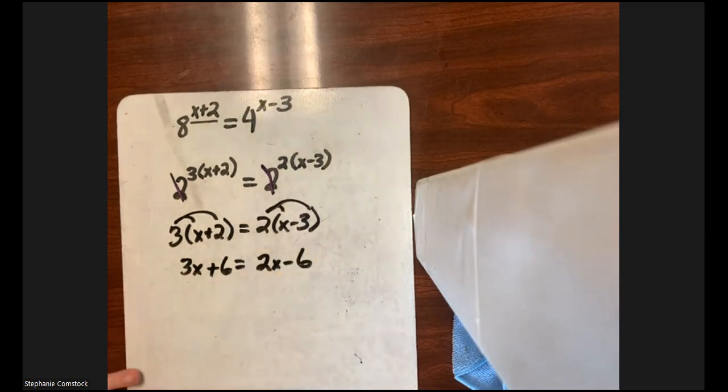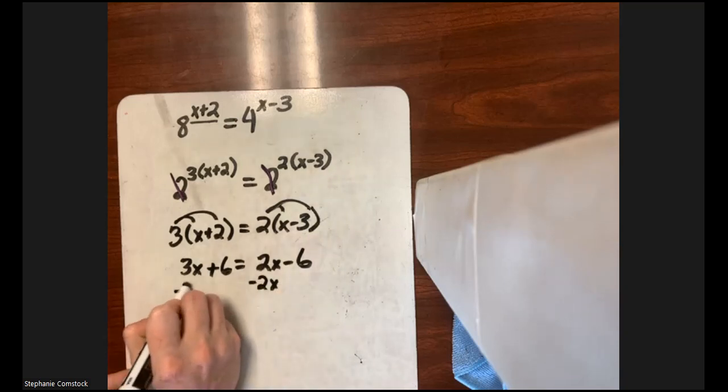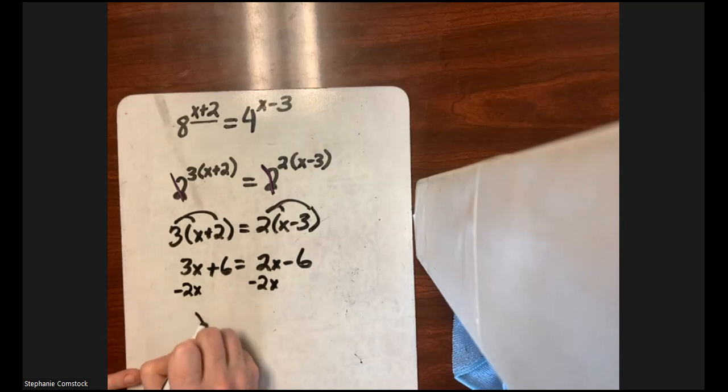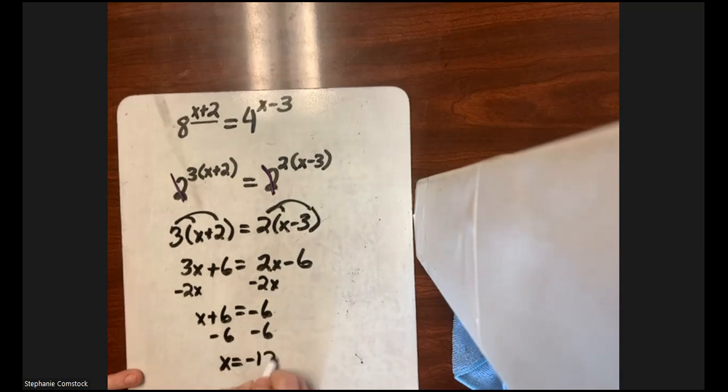Now I'm going to work on getting things pulled to one side. I'm going to move my 2x this way, and then I'll subtract 6. So I get negative 12 for that answer.